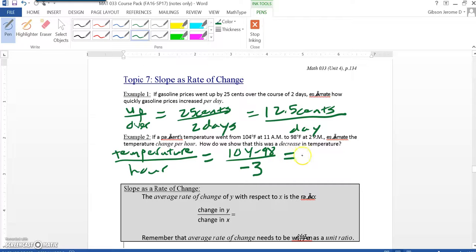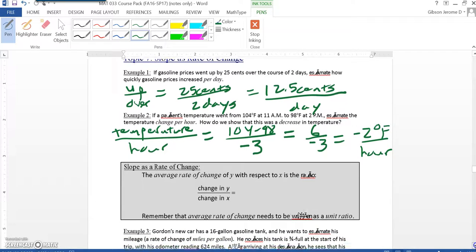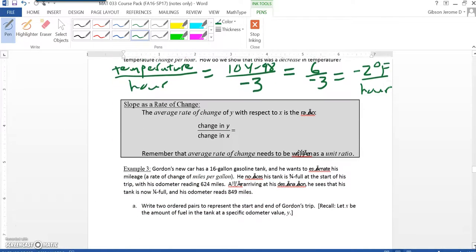So we have 104 minus 98, which would give us 6, divided by negative 3, which would give us a negative 2 degrees Fahrenheit per hour. So that means it went down 2 degrees per hour, 2 degrees Fahrenheit per hour.